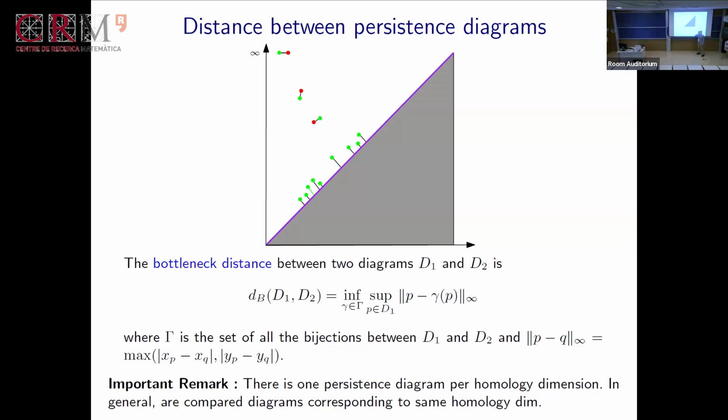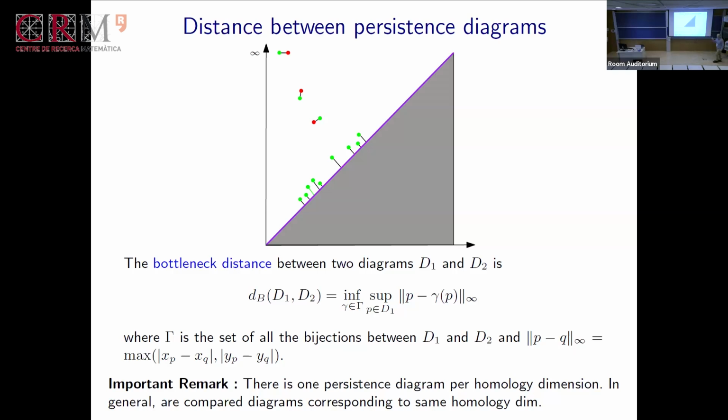One thing that people do, in particular in TDA, we will talk again in a moment about this notion. This is the most natural one if you want to establish some stability result. So this is some kind of L infinity distance between diagrams, but you can also sum up over the points of the diagram this distance to the power p and take 1 over p as exponent.